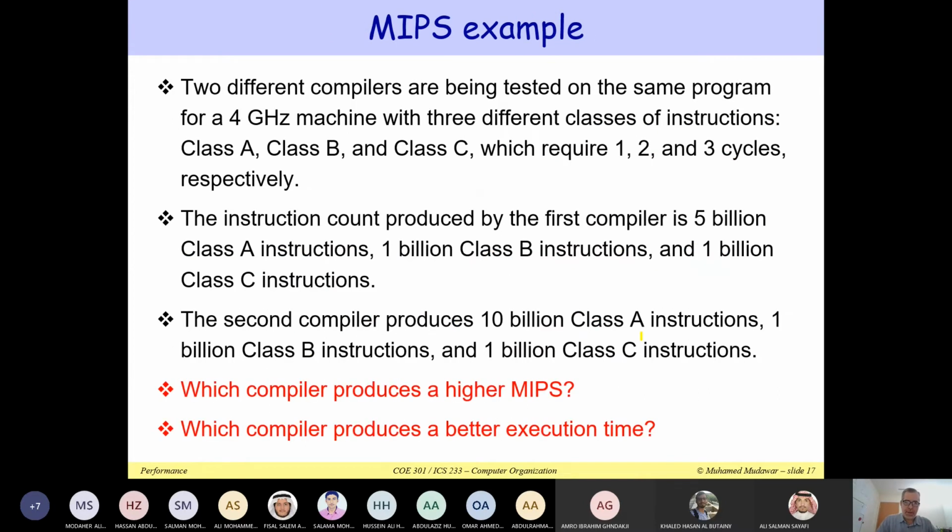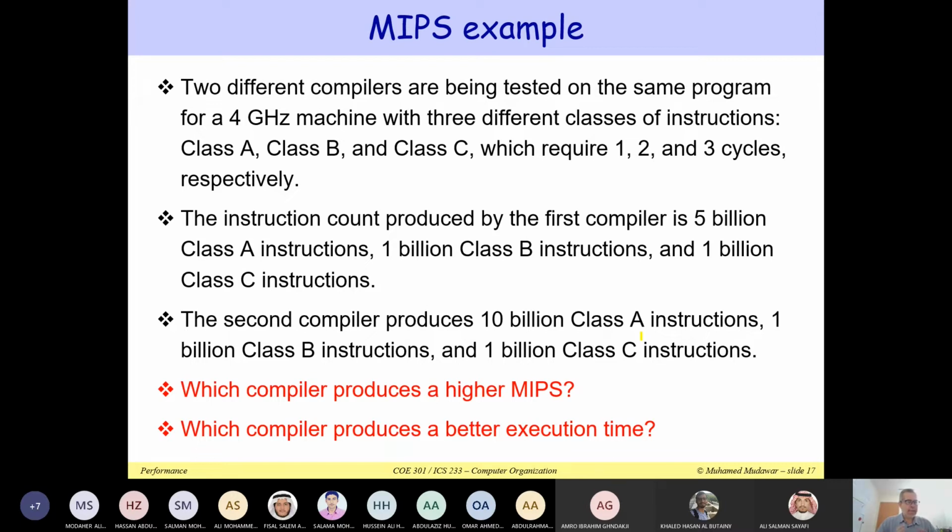I have an example about this. Here's an example about MIPS. Suppose that we would like to compare, let us say, two different compilers. People actually do this. When there are different compilers from different companies, for example, if you are using the language C or C++, these are very well known to produce very efficient code that will run directly on the machine, much faster code than Java, by the way.